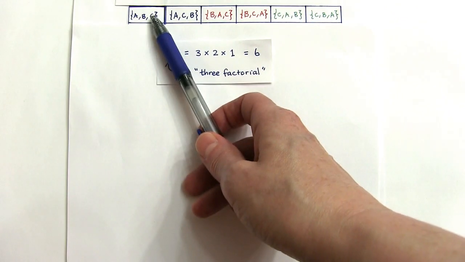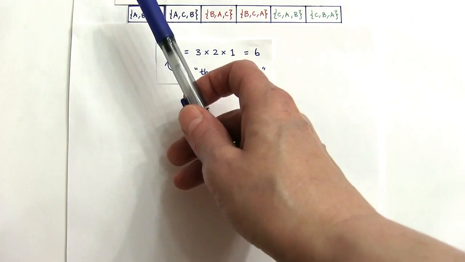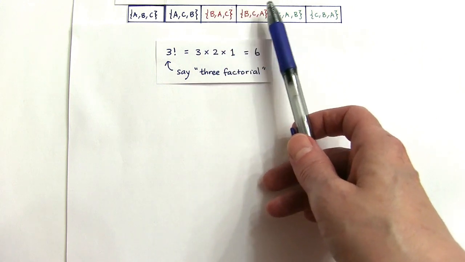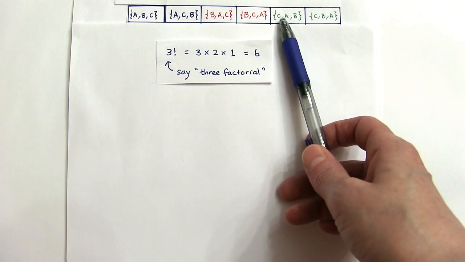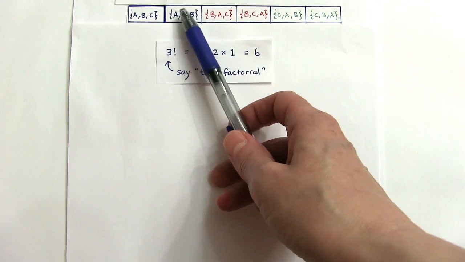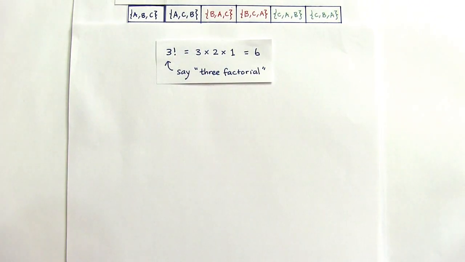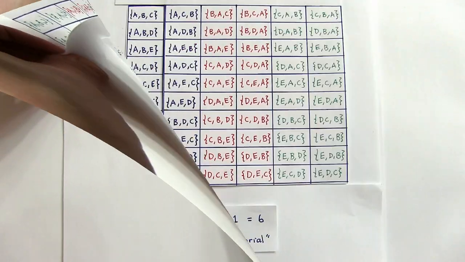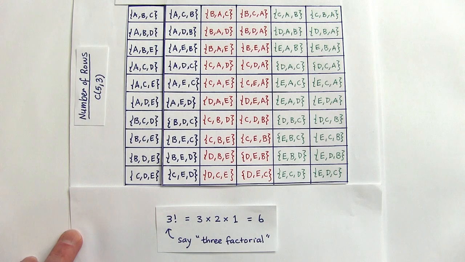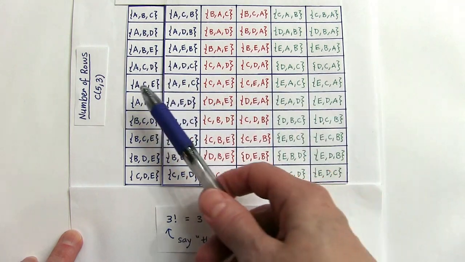letters in the subset. But each of these entries in this row represents the same set, because each set consists of exactly the same 3 letters, A and B and C. And this is true for each row in this table.